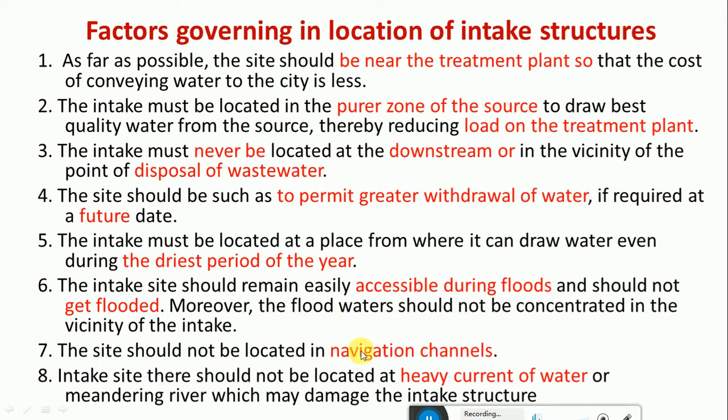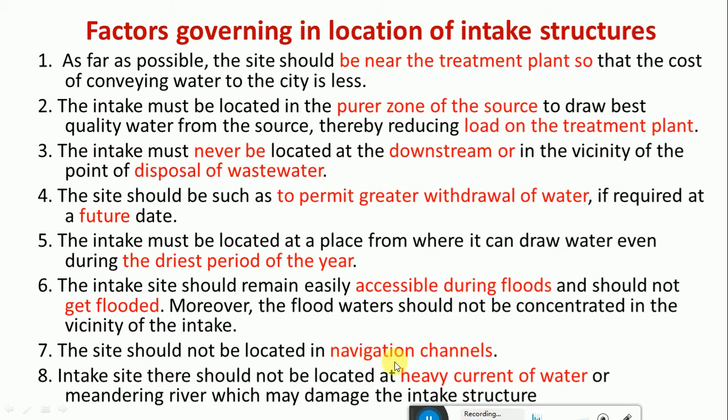And the intake should not be located in navigation channels. Navigation channels are the ones we use for the transport of materials and other things from one place to another by means of water canals.